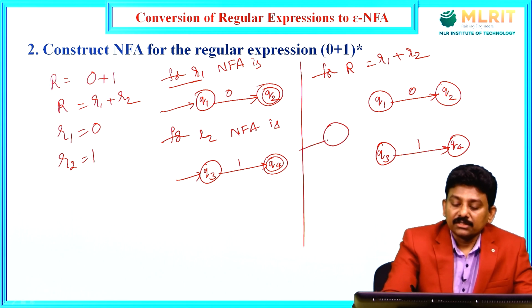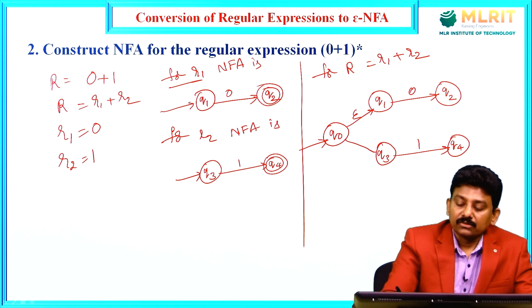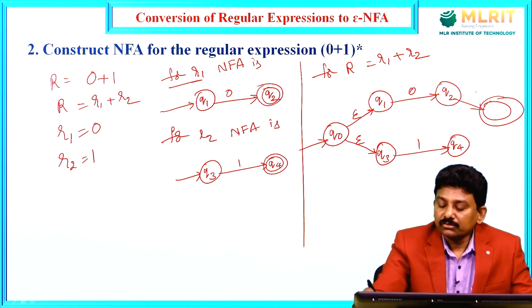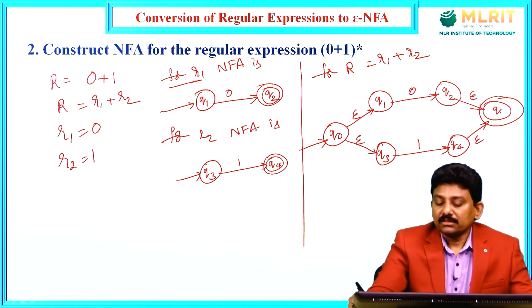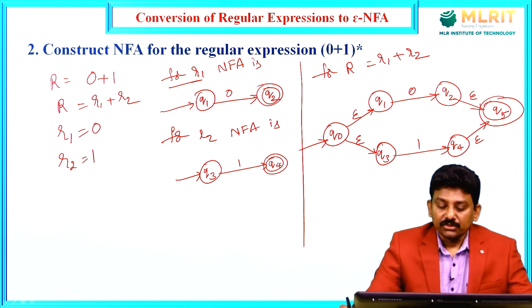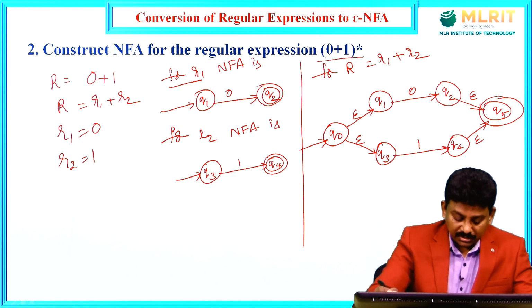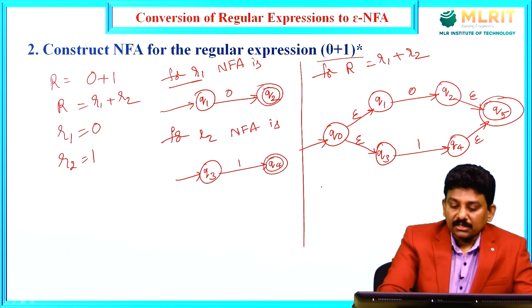Take an initial state Q0, with Q0 to Q1 epsilon transition and Q0 to Q3 epsilon transition. Take a new final state Q5, with Q2 to the final state by epsilon transition and Q4 to Q5 by epsilon. This is 0 plus 1, but we need 0 plus 1 whole star, so R star.